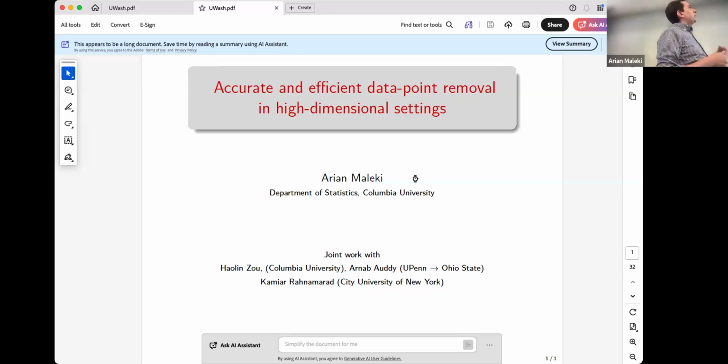Whatever our downstream task is, the first thing that we usually do is to estimate beta star. We want to get an estimate beta hat of beta star in that model. And we usually use, for example, this optimization problem, which we call regularized empirical risk minimization.